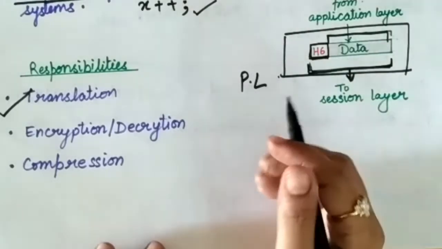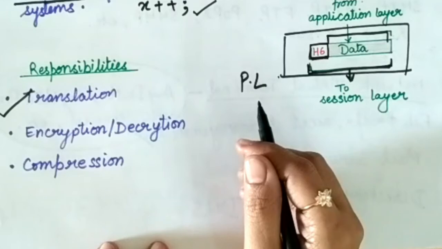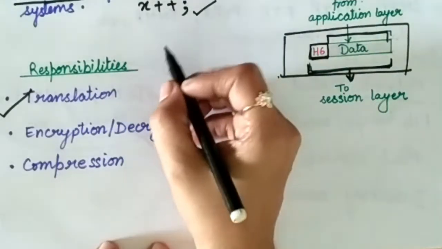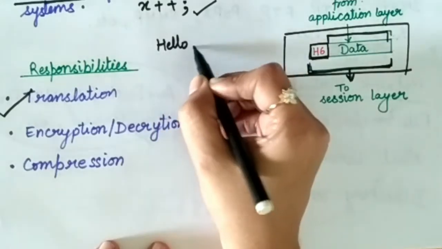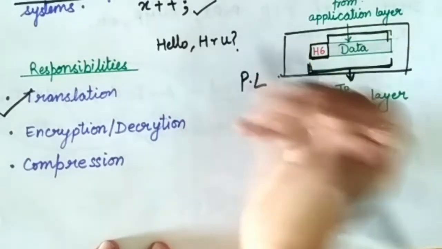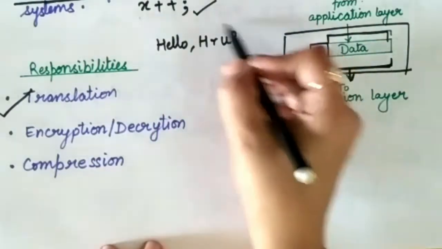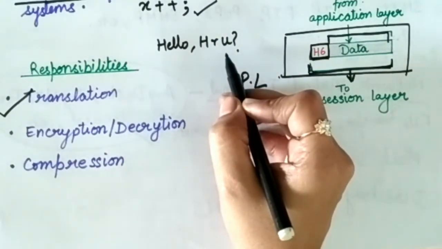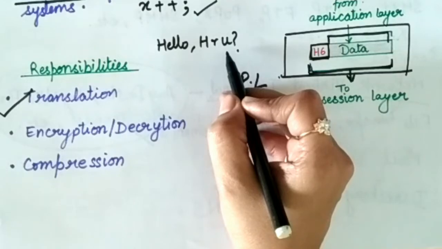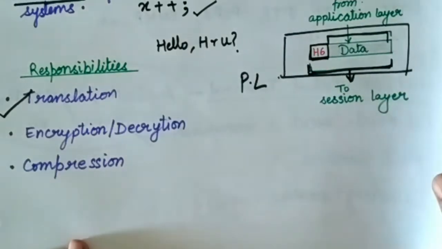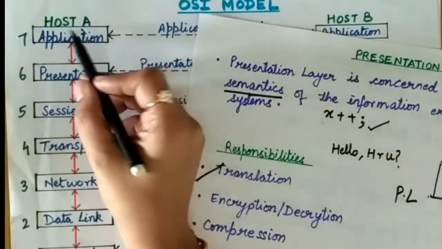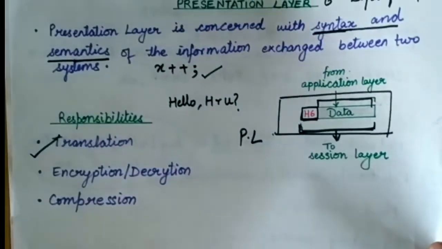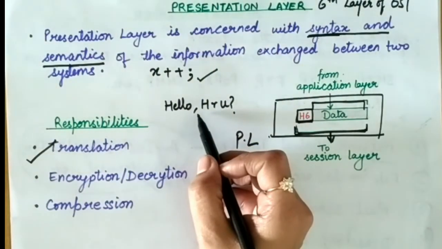So suppose I am writing a WhatsApp message to you, I am sending the message, hello, how are you? This message will be written at which layer? This message will be written through the various software or application programs at the application layer. Then the data unit will come to the presentation layer.